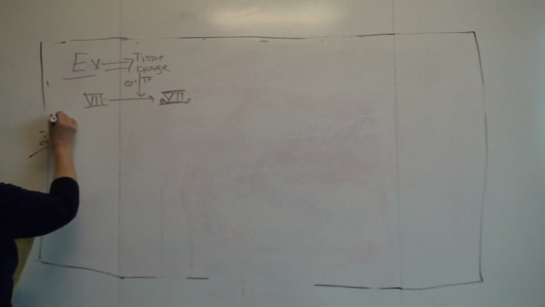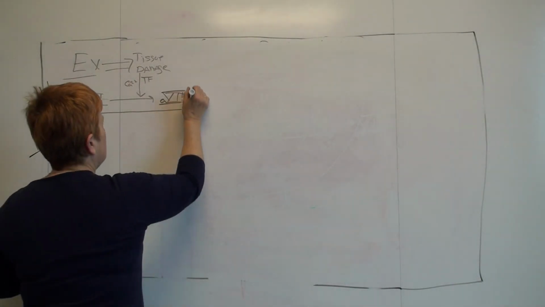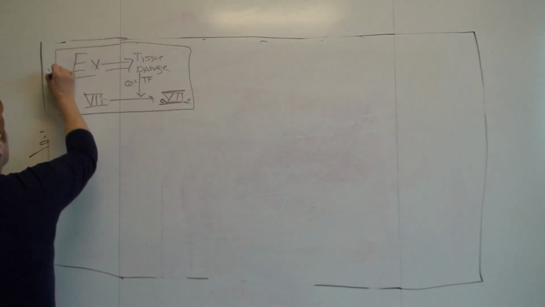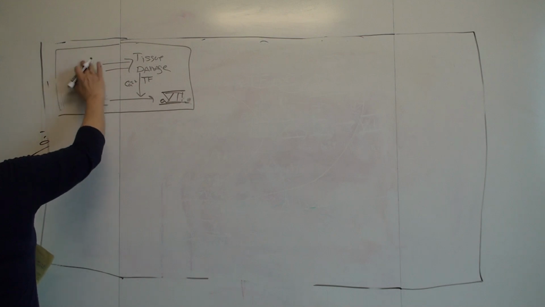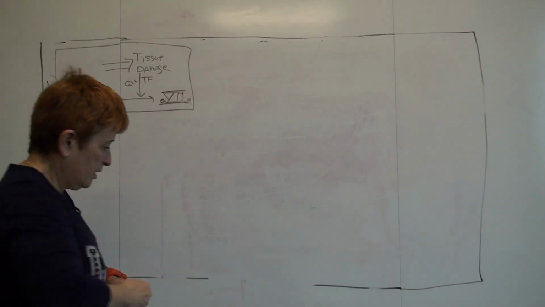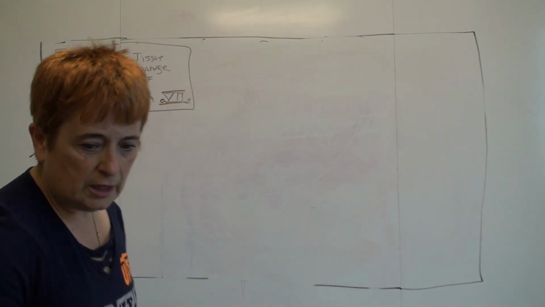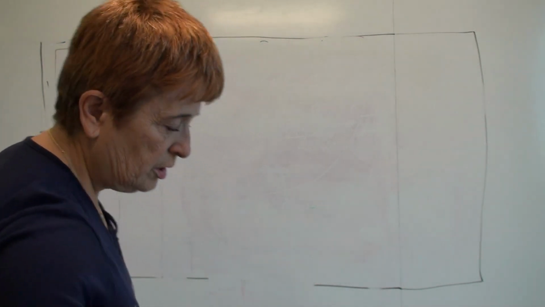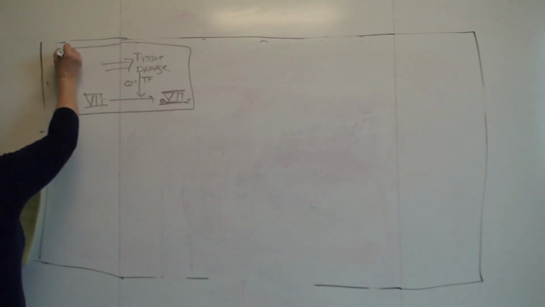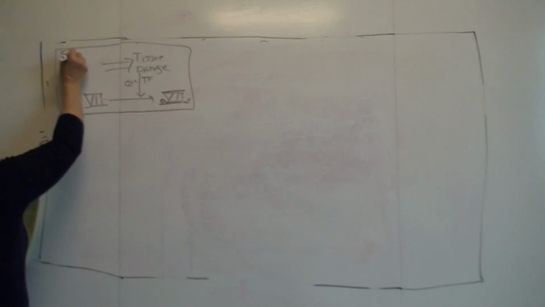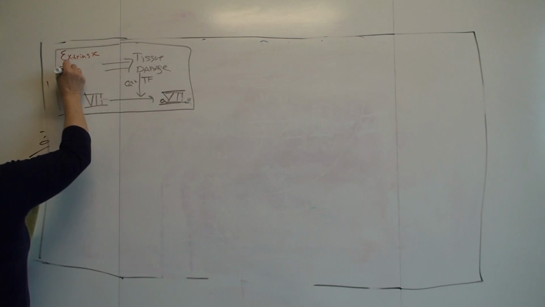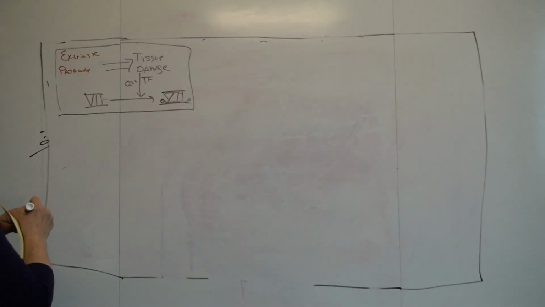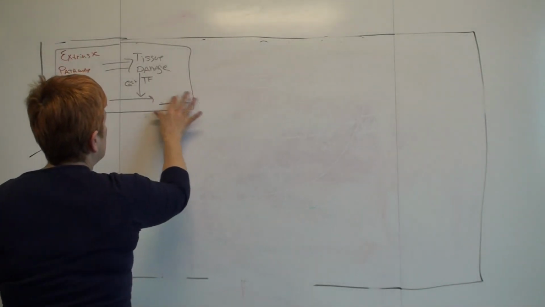That is so easy, right? So that is your extrinsic pathway. I'll put it in another color, orange. That's your extrinsic pathway. And let me write this better.